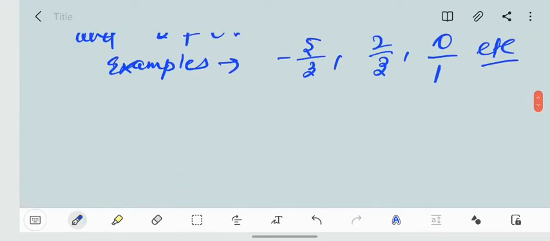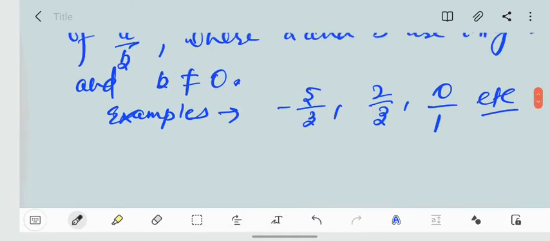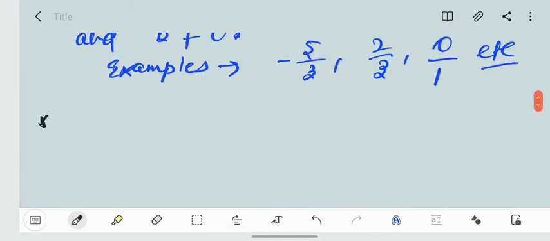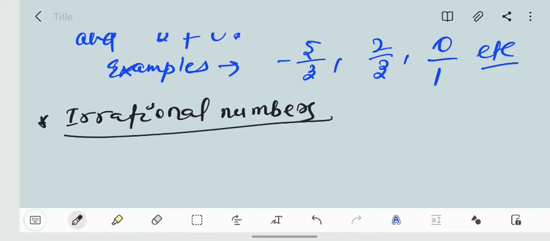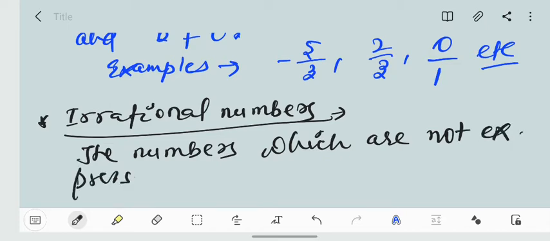Next one is irrational number. Irrational number is just the opposite of what rational number is all about. So irrational numbers are the numbers which are not expressed as A by B, B not equal to 0.